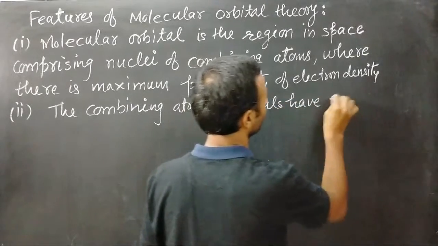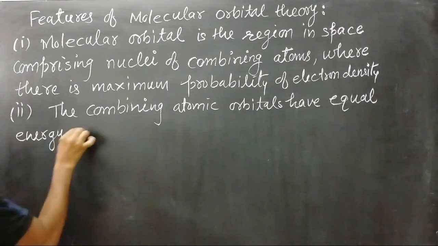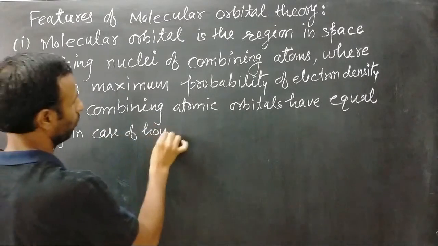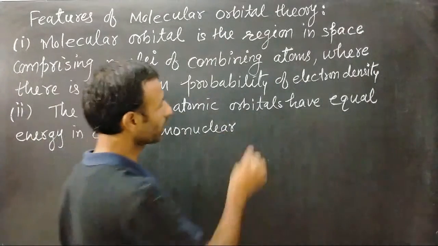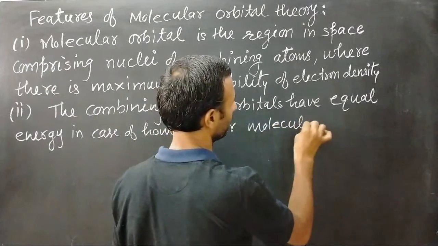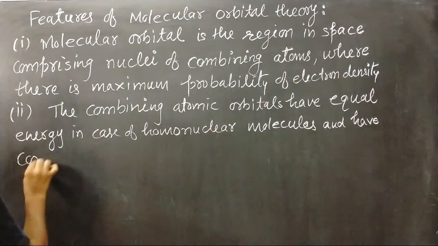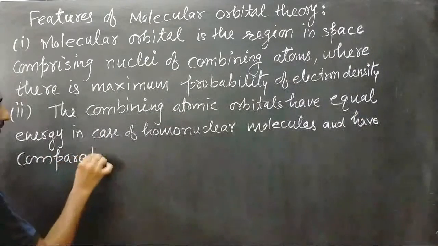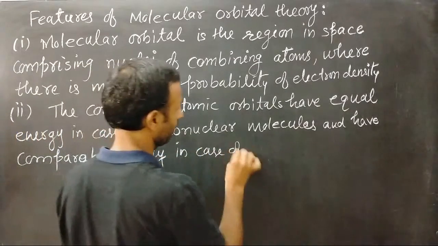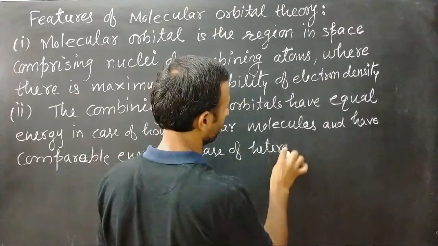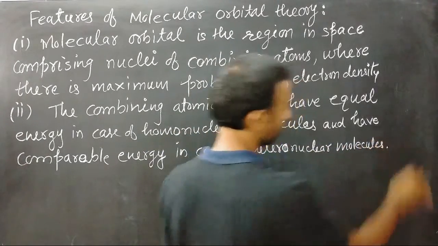Combining atomic orbitals have equal energy in case of homoatomic molecules or homonuclear molecules, and have comparable energies in case of heteronuclear molecules, right?